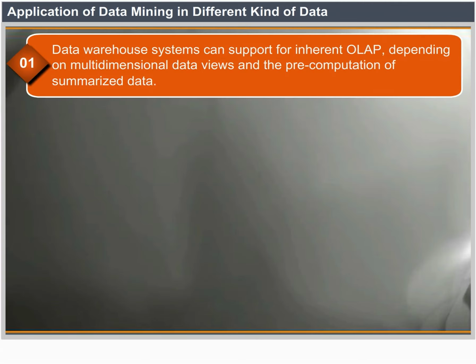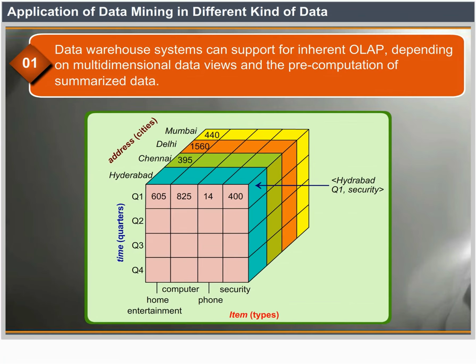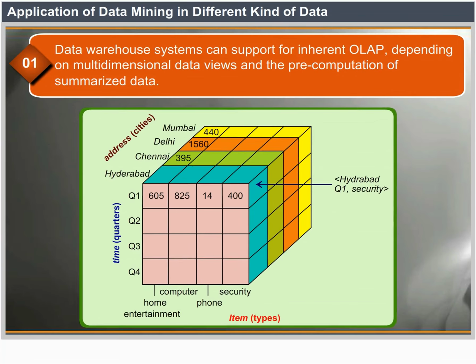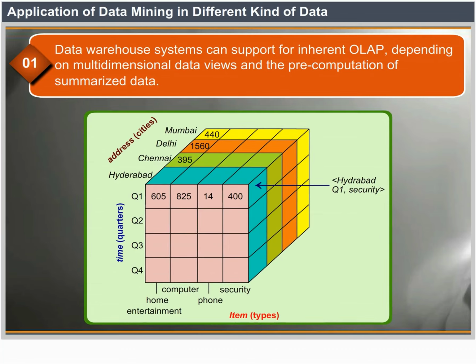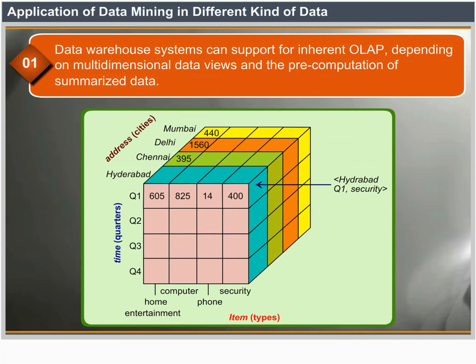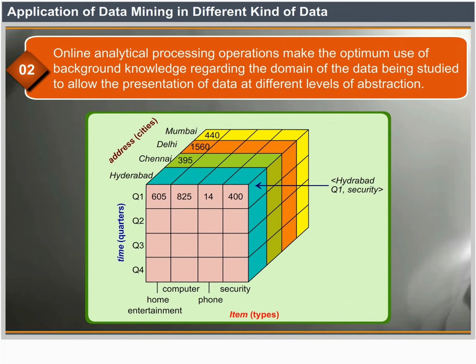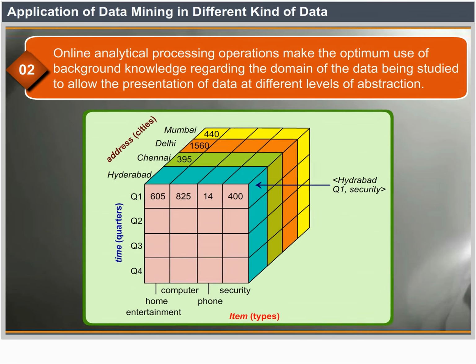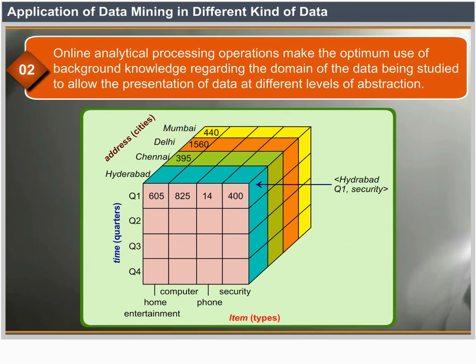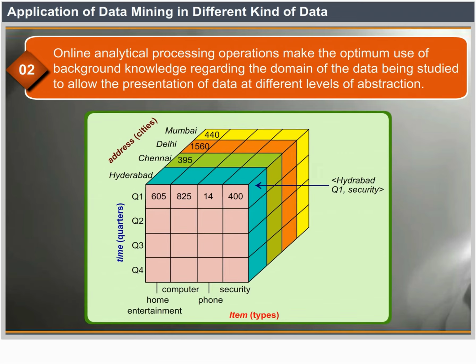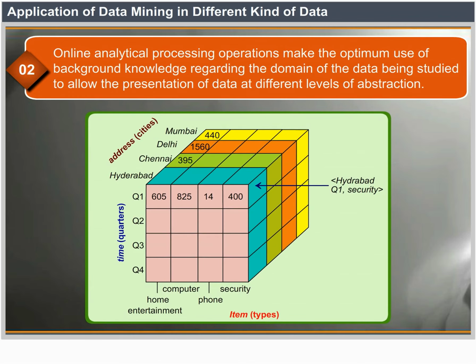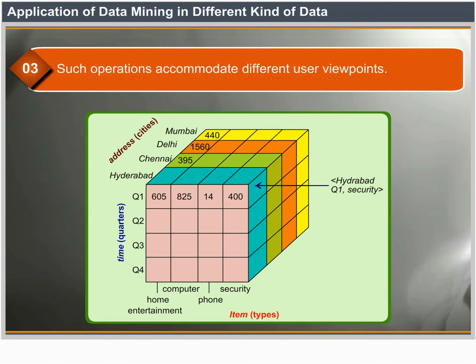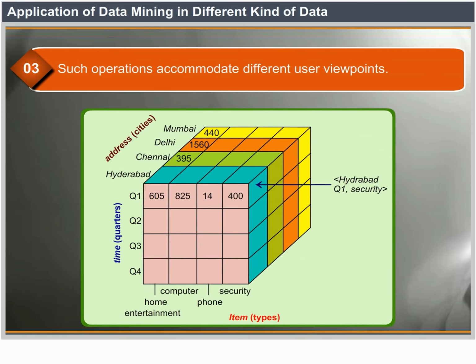By providing multi-dimensional data views and the pre-computation of summarized data, data warehouse systems can provide inherent support for OLAP. Online analytical processing operations make use of background knowledge regarding the domain of the data being studied to allow the presentation of data at different levels of abstraction. Such operations accommodate different user viewpoints.